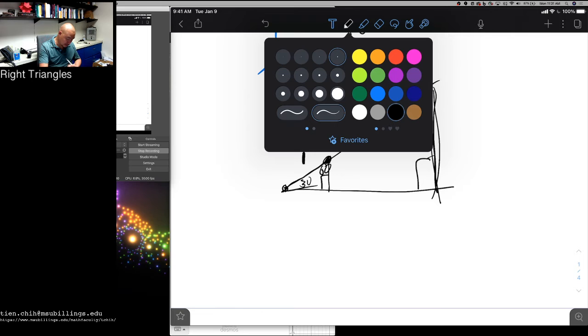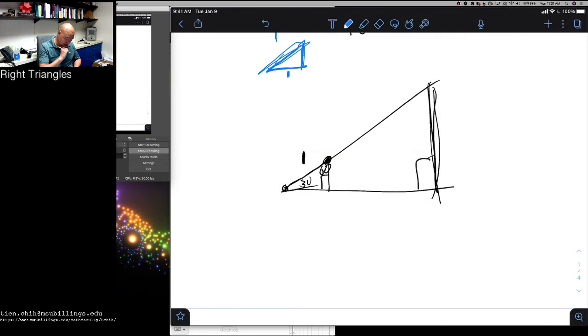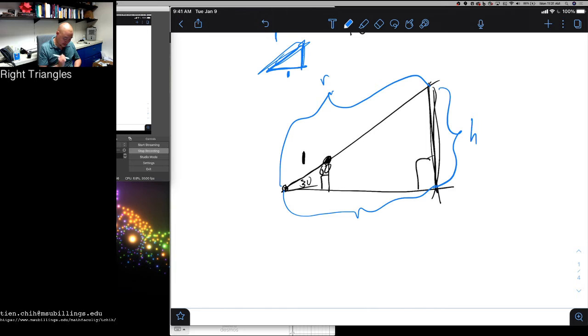And so what I know is that this has radius r that I don't know. It has height maybe h that I don't know. And it has base 10. Right?